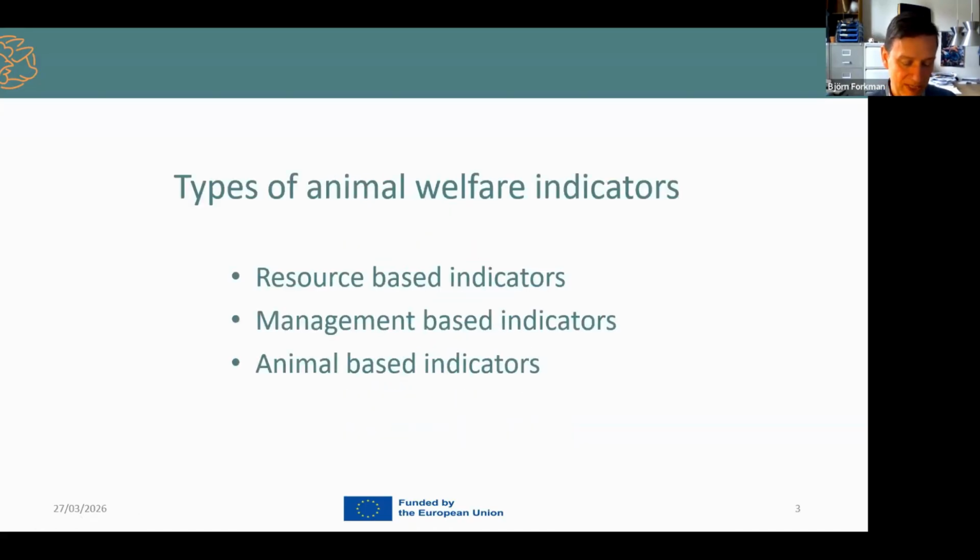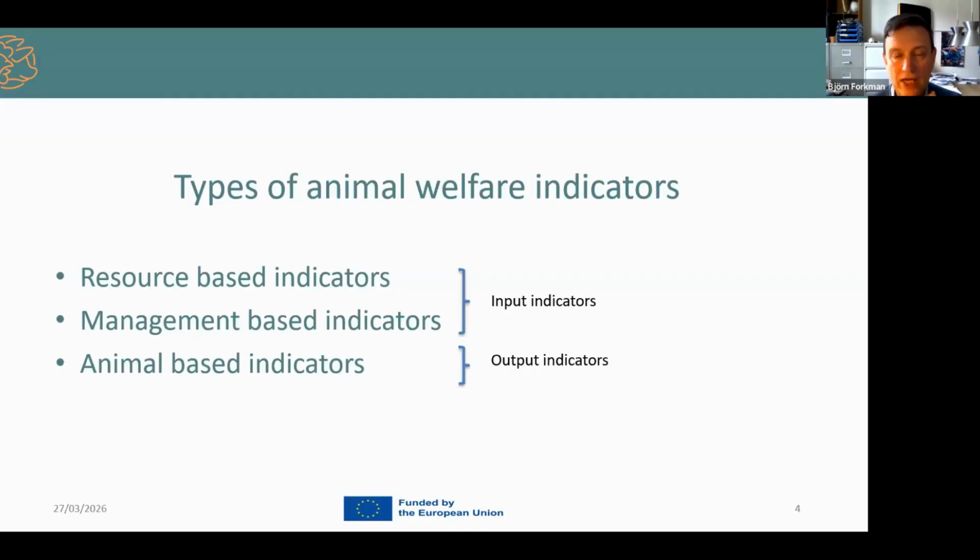So let me start with the basics. There are 3 different types of welfare indicators. There are resource-based indicators, management-based indicators, and animal-based indicators. Now, resource-based indicators are input indicators.